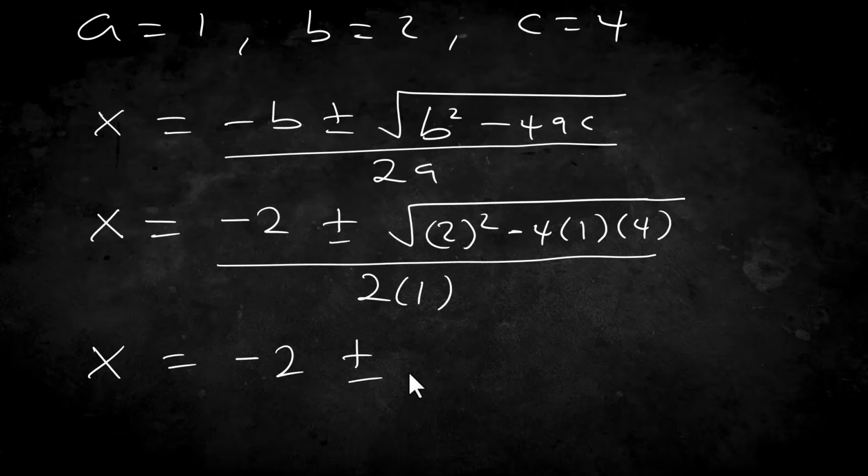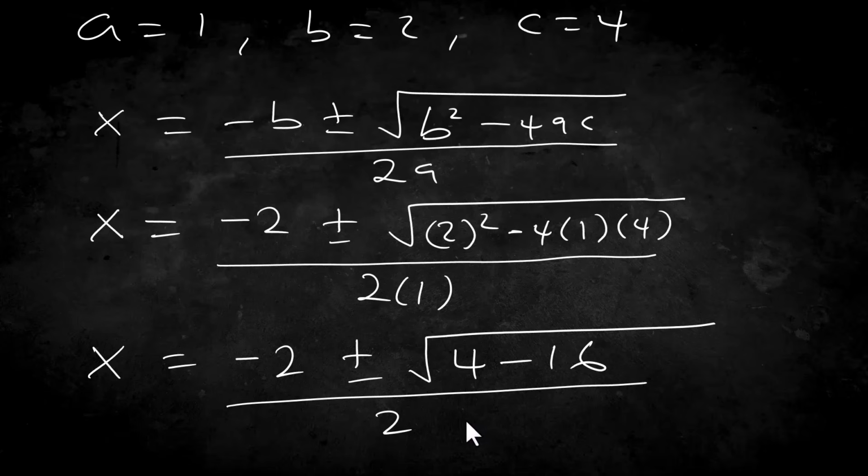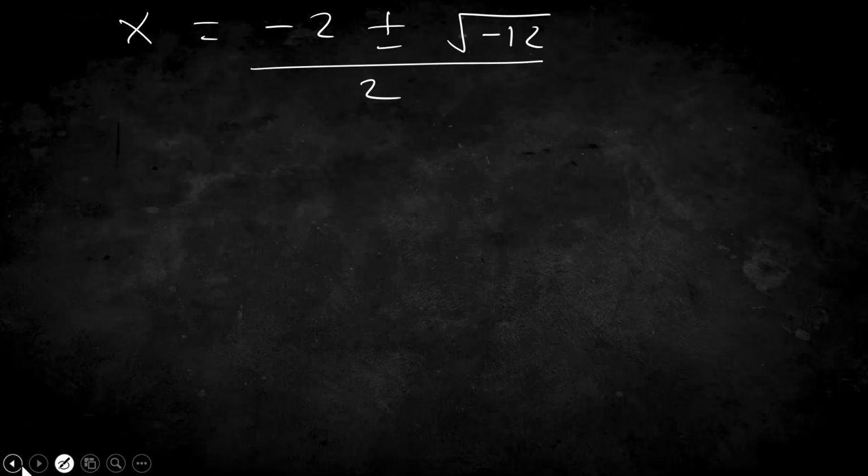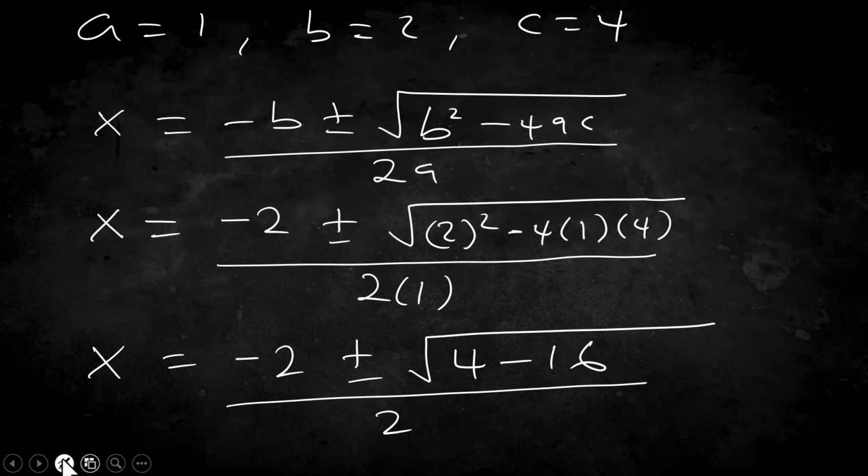Minus 2 plus or minus the square root of, so this side is 4, this side is minus 16, all over 2. So this side will be minus 12. So we have x equals minus 2 plus or minus the square root of minus 12, over 2.